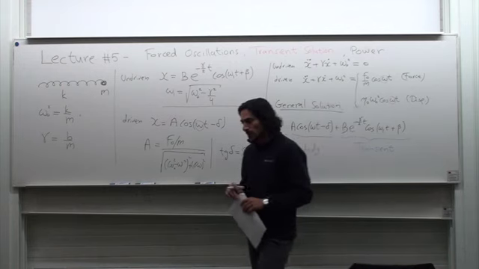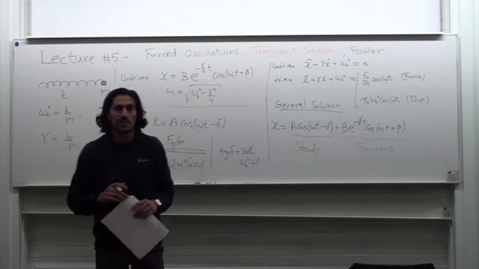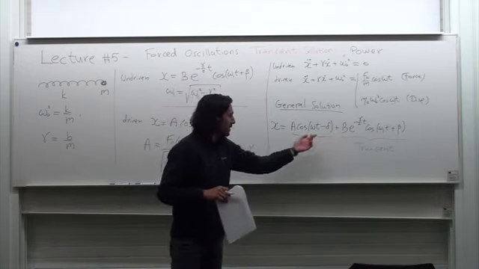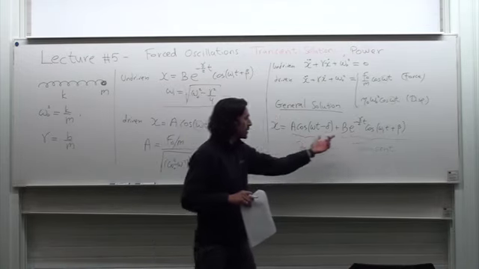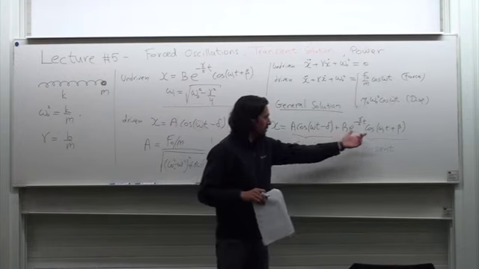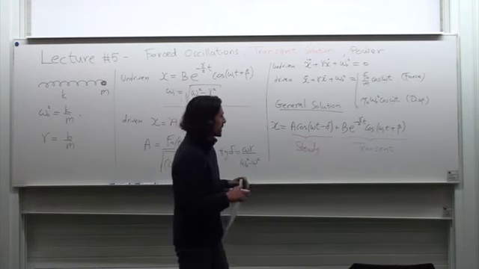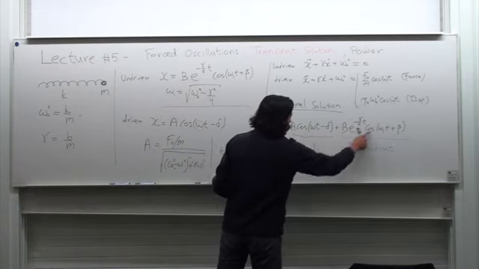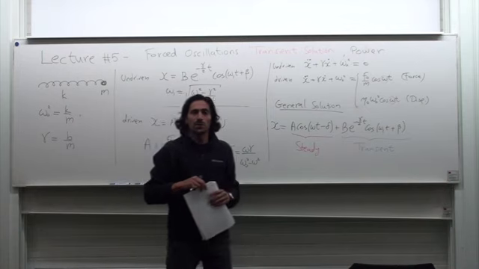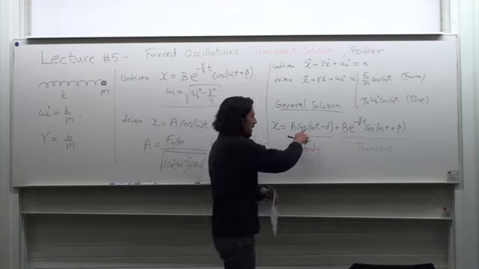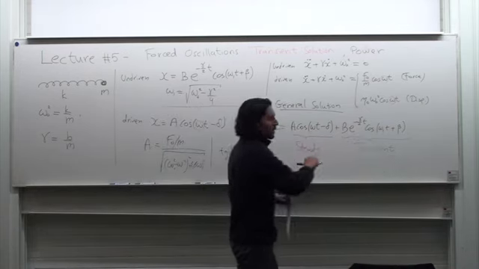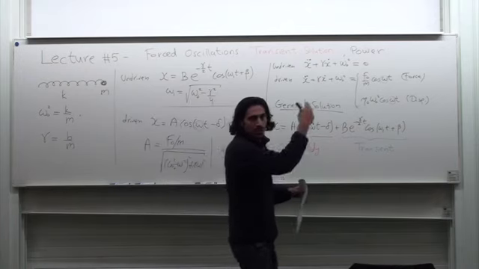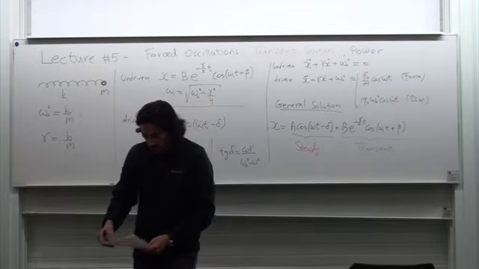What you should see then is a beats effect, right? Because look at this. What we have here is a superposition of two waves, and we see that we have two frequencies here. So if you remember, you're going to get omega minus omega 1, divided by 2, and that would give us the envelope of the beats.